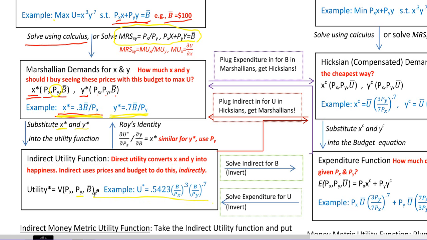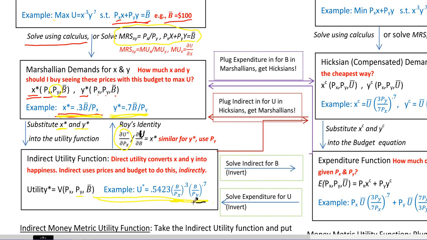Roy's identity says, if you take the derivative of this function, u star, with respect to the price of x, that's the numerator here, and then you divide it by the derivative of the same function with respect to the budget (oops, typo, that's why this is preliminary, I'll clean this up), then you get the Marshallian demand for x.